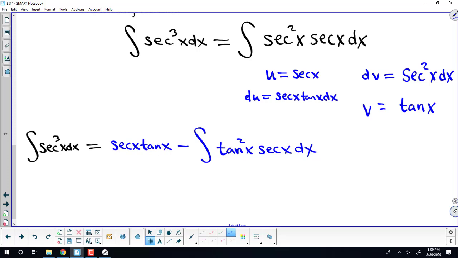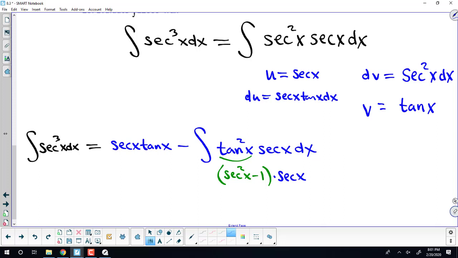So maybe at this point it doesn't look all that much better. We traded a secant squared secant for a tangent squared secant. Keep in mind we've got secant cubed on the left-hand side. If I write tangent squared as secant squared minus 1, I have it times this secant right here.